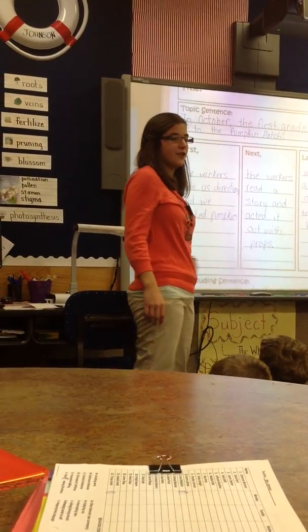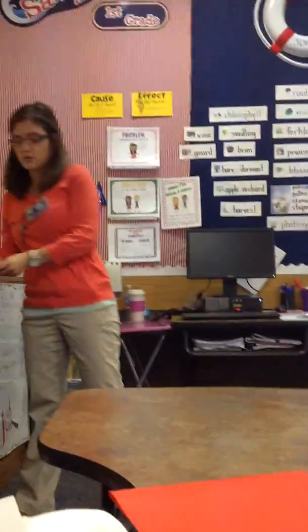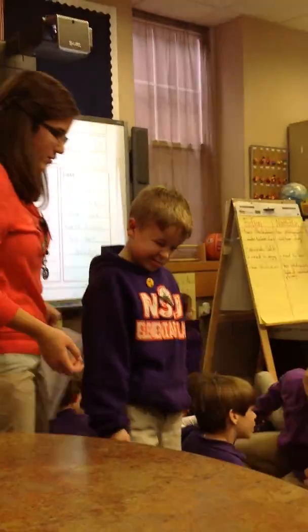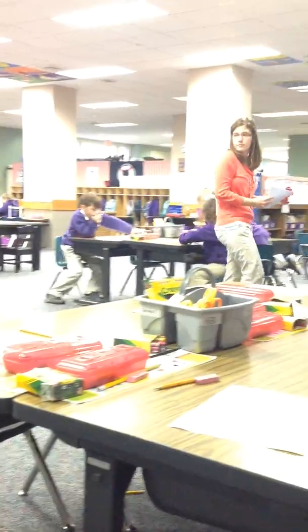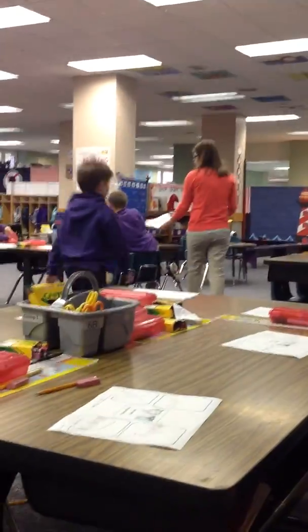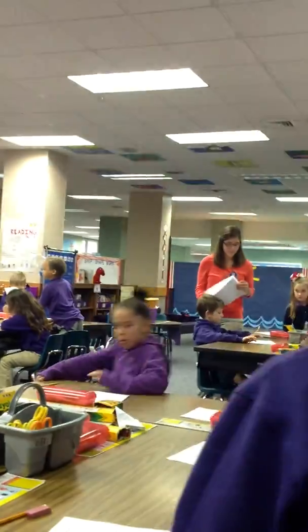Let's see, if you are at table 3, go ahead to your desk. Let me get up there. If you're at table 4, go to your desk. Table 2 and 1. Okay, the first thing you need to do is what? Write your name.